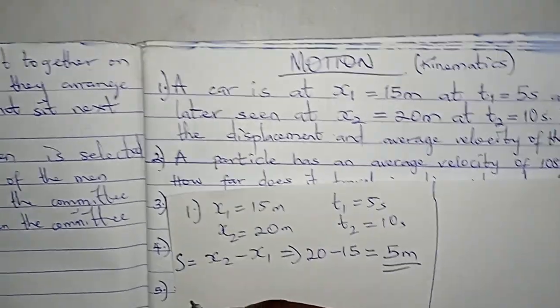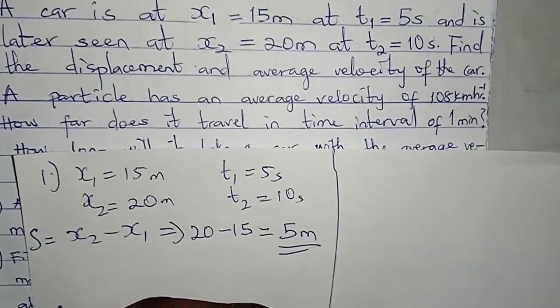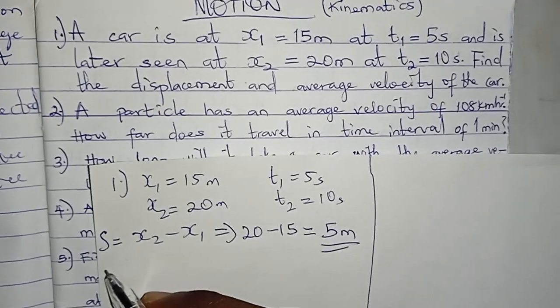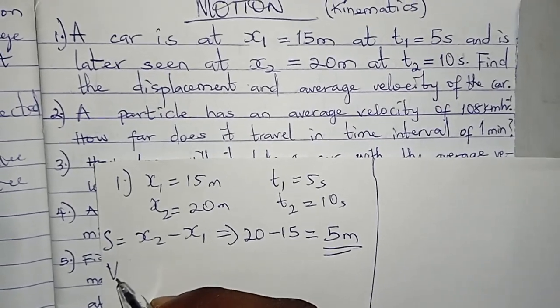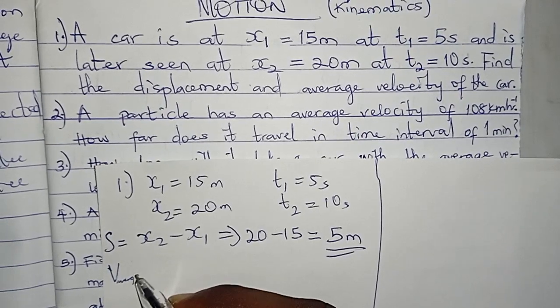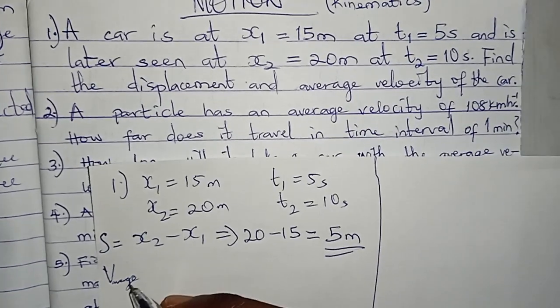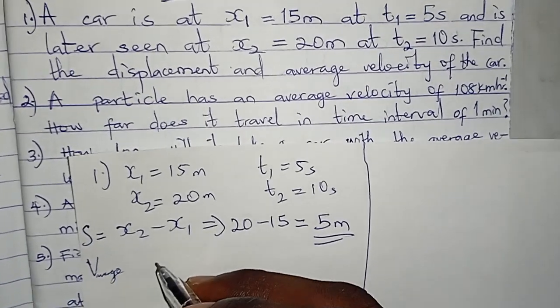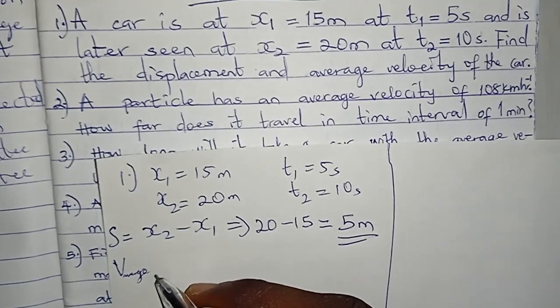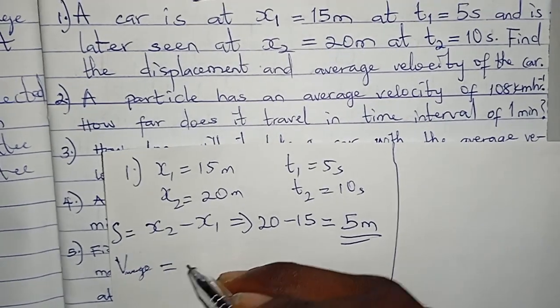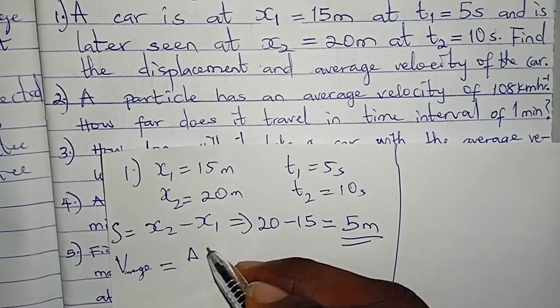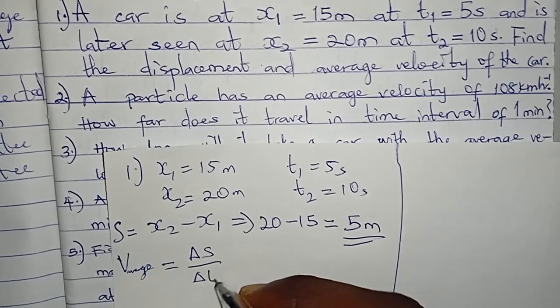Now, let's say we should find the average velocity of the car. We know that average velocity, V average, equals change in displacement all over change in time.